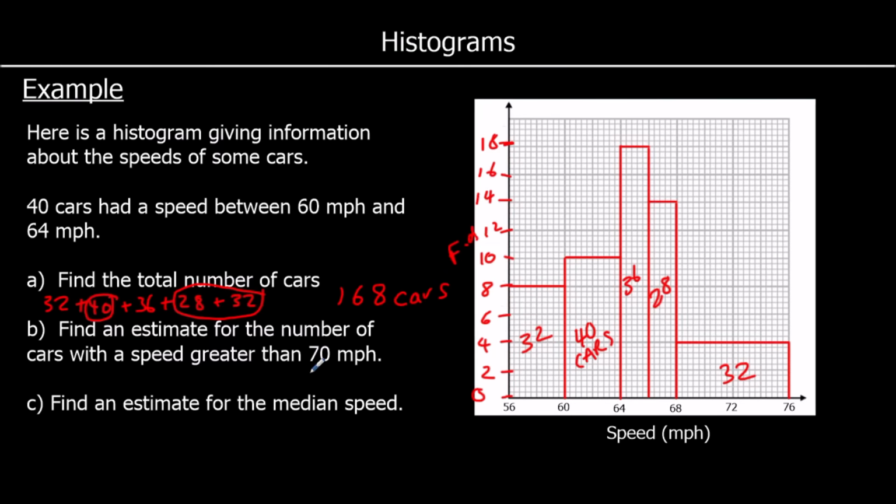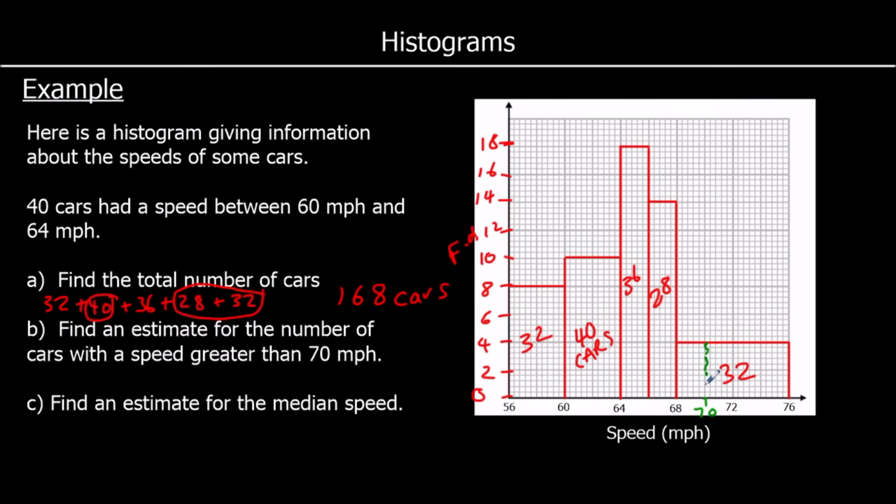Part B, find an estimate for the number of cars with a speed greater than 70 miles per hour. So how many cars were over 70 miles per hour? So 70 miles per hour is here.